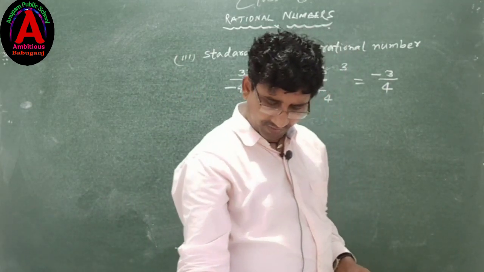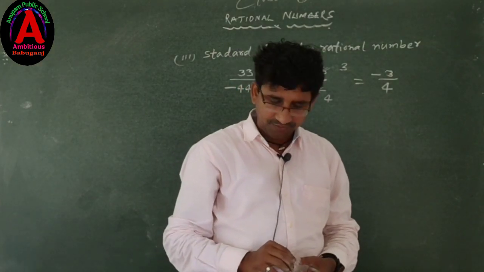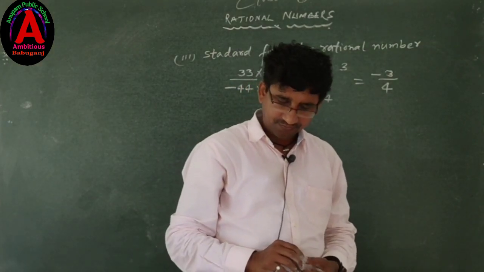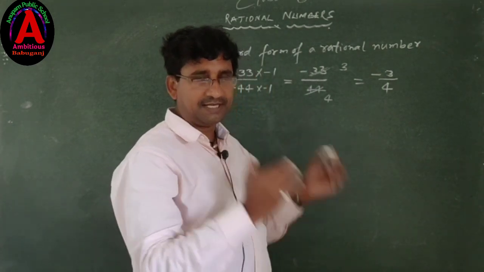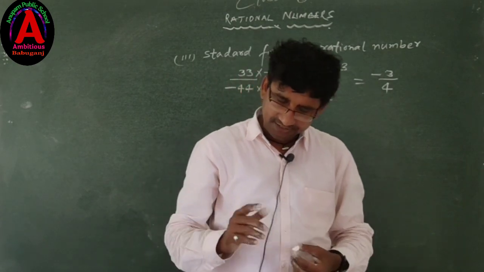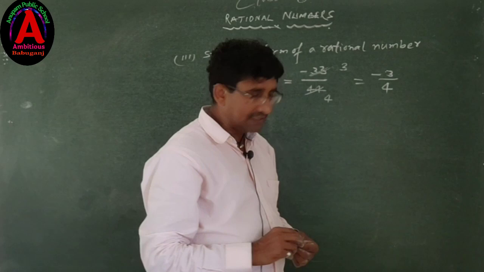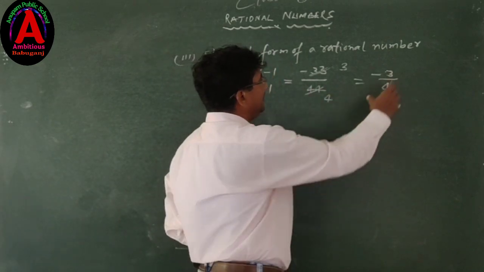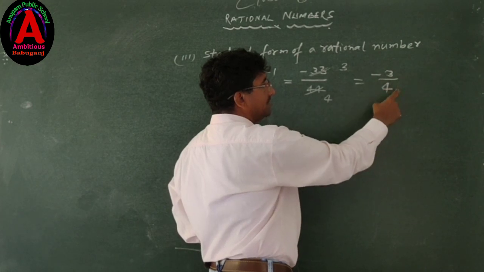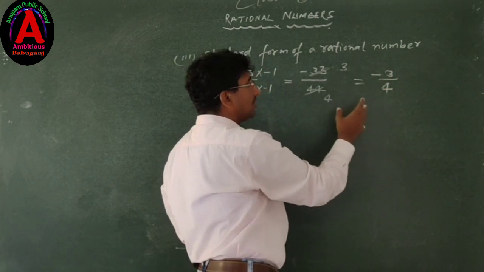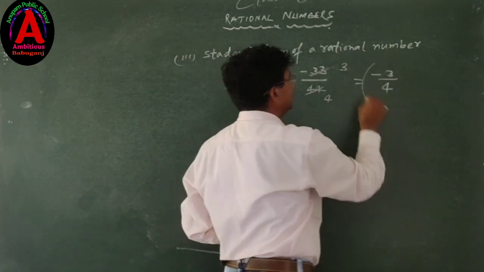It is said to be in standard form when a and b are integers having no common divisor other than 1. Only 1 can be a divisor of it, so that is its standard form.